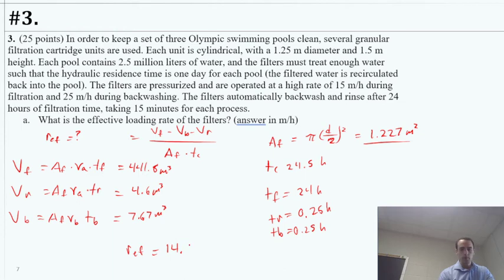So 14.29 meters per hour is lower, but not by too much, so that makes good sense and gives us a bit of confidence. So 14.29 meters per hour was the answer I was looking for.